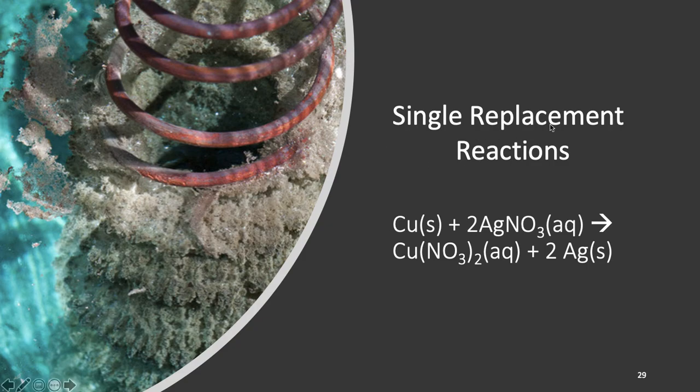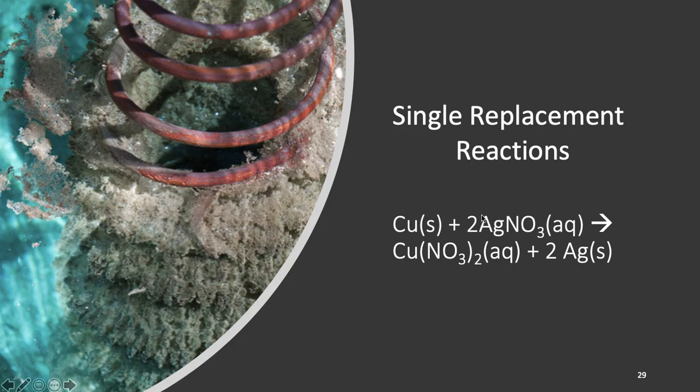The single replacement reactions we already kind of talked about. Single replacement reactions are also redox reactions, but in these types of reactions, we're replacing only one of the ions, not both, like the double replacement reactions or precipitation reactions. For example, here I'm taking the copper and I'm replacing silver to give me copper 2 nitrate and silver solid.